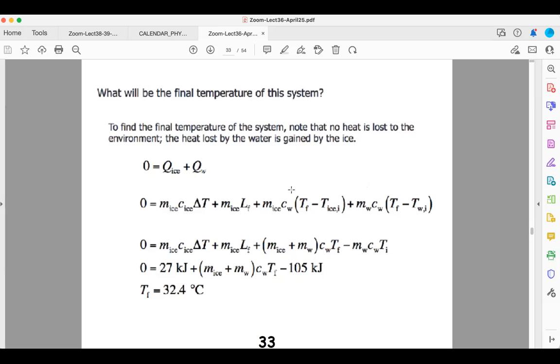And then here, and this is the important piece, we are going to have the ice that, after it's melted, is water. So that's why the mass is the mass of the ice, but C is the specific heat of water, going from the 0 temperature to the final temperature. Once the ice is melted, of course, it becomes water.